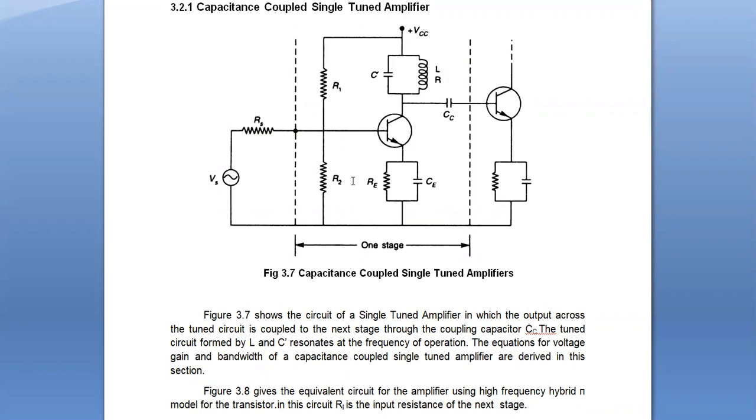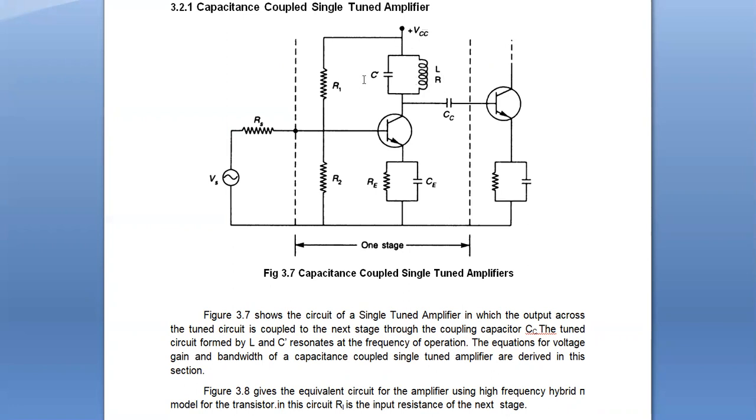This is the common emitter amplifier. The transistor with resistors R1 and R2 provides voltage divider bias, and this is the external input applied. In an ordinary common emitter amplifier, we connect a collector resistance in the collector. But this is a tuned amplifier, so in order to amplify the selected range of frequency, this resistor is replaced by an LC tank circuit or resonant circuit.